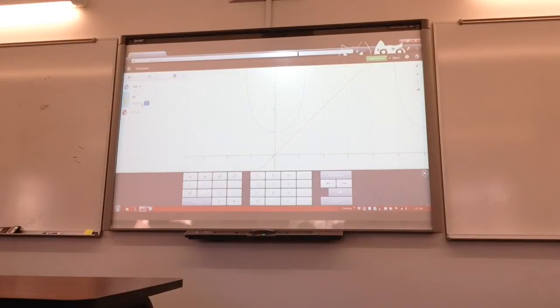It doesn't look like it can do our arc secant. There we go. There's your arc secant. It took some finagling to do.